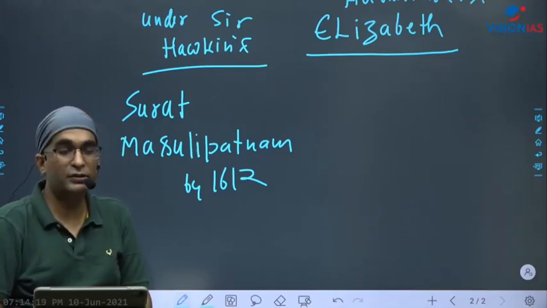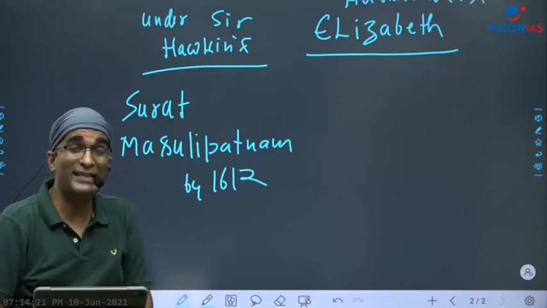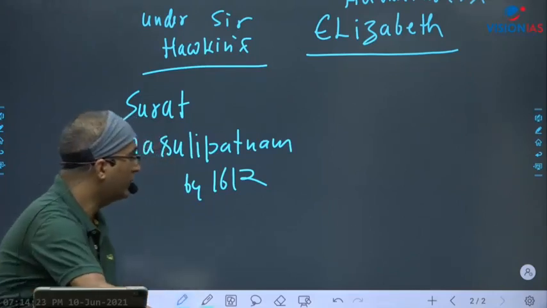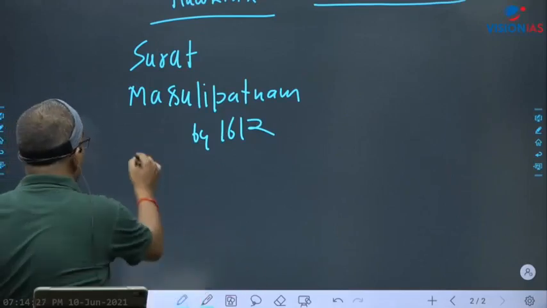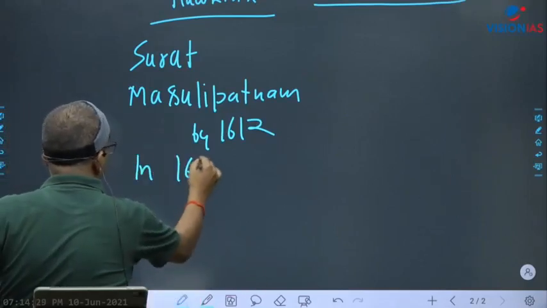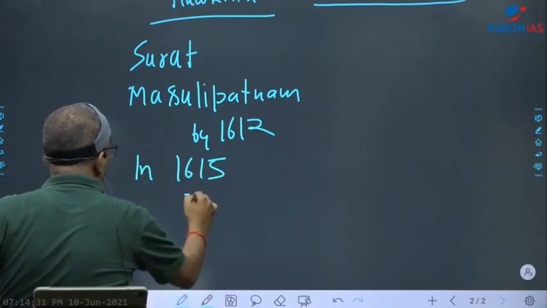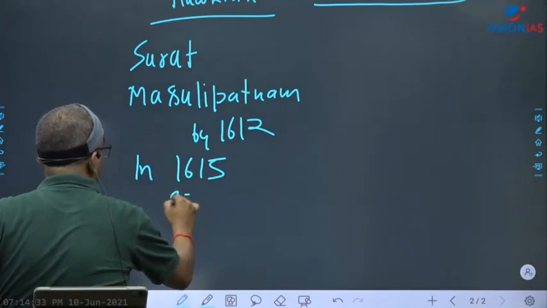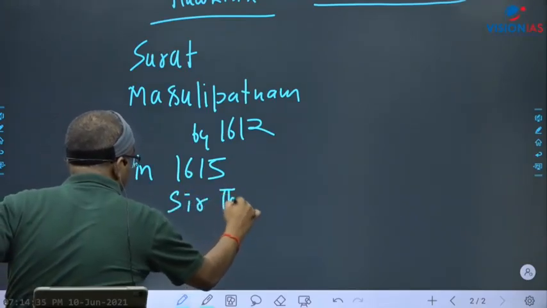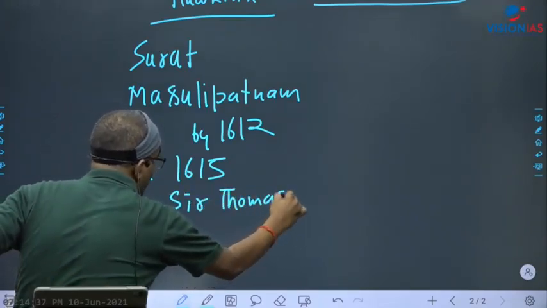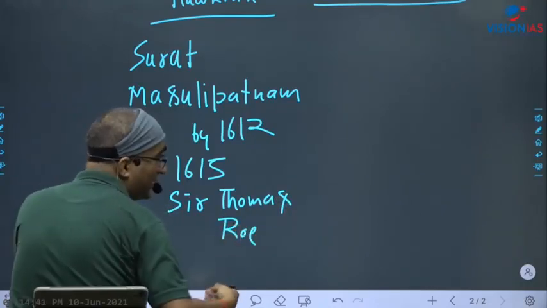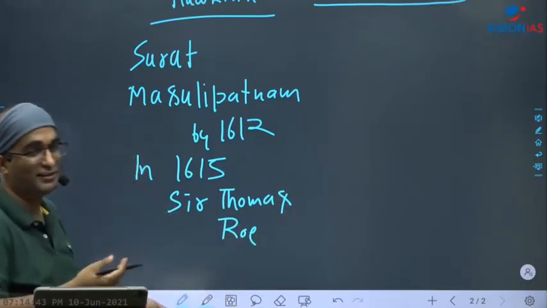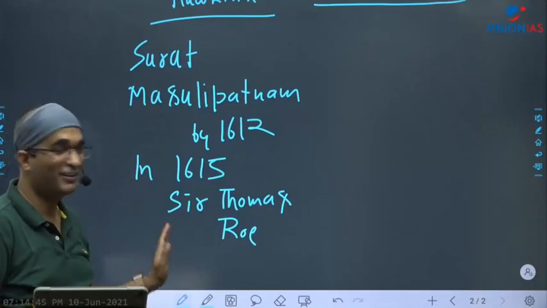Then further you mention, in 1615, after full stop, and you can change the paragraph. In 1615, Sir Thomas Roe, usually when I write Sir Thomas, Sir at any place, I think that's Sir Ravindra Jadeja, but you will have to change this Sir.